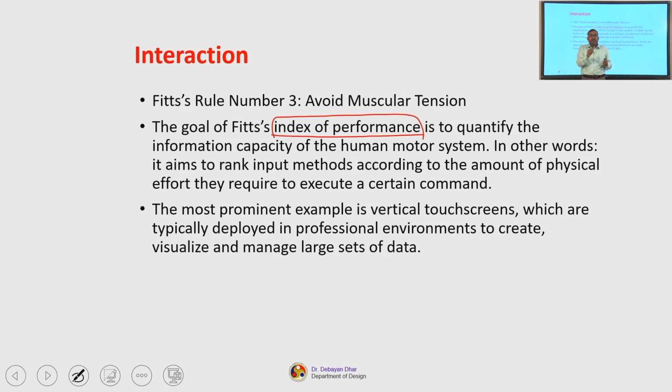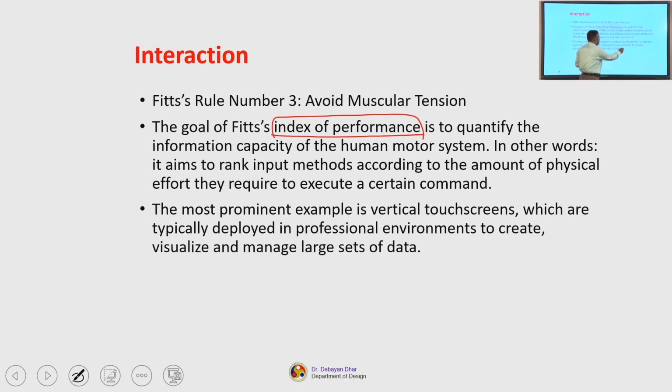So, whatever features you have, whatever input method, that means you initiated a function in order for the interface of the system to respond. It can be gesture based, it can be touch based, it can be click based, it can be sound based, whatever it can be. Now, the index of performance allows you to rank these input methods in terms of the physical effort that is required to execute them.